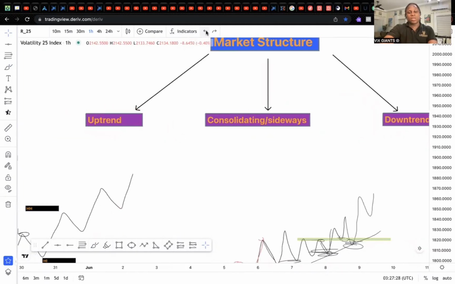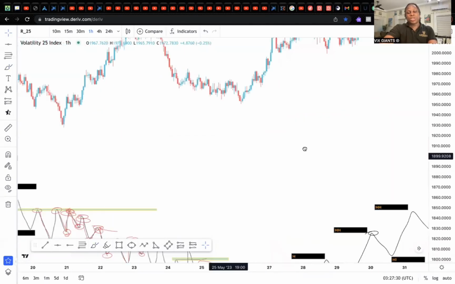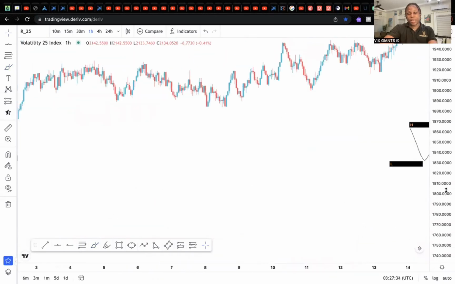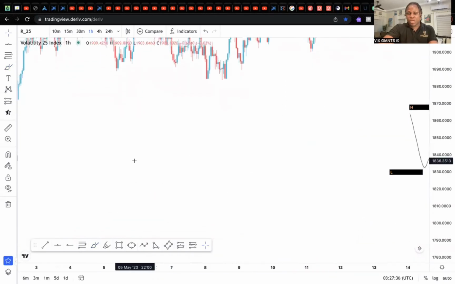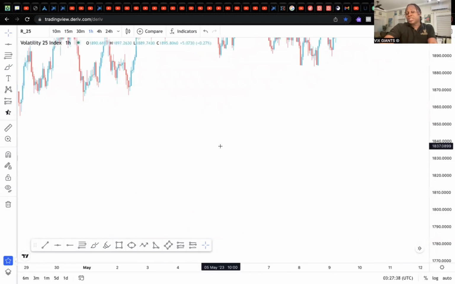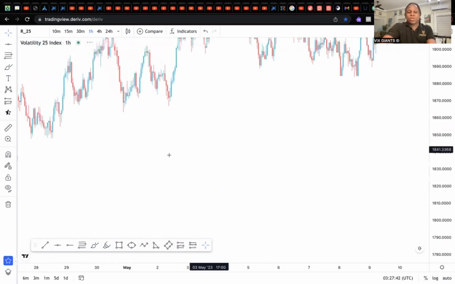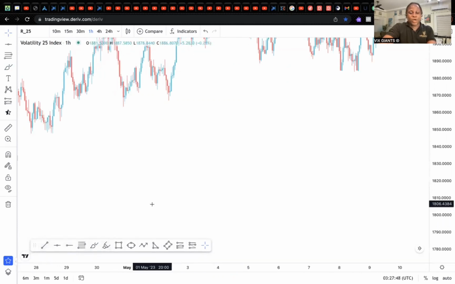Usually with this type of trend, I don't really recommend trading when the market is consolidating, especially to my new traders. I do trade ranges, but not every range. A sideways market, as its name suggests, is sideways. We don't have any movement to the upside nor to the downside.